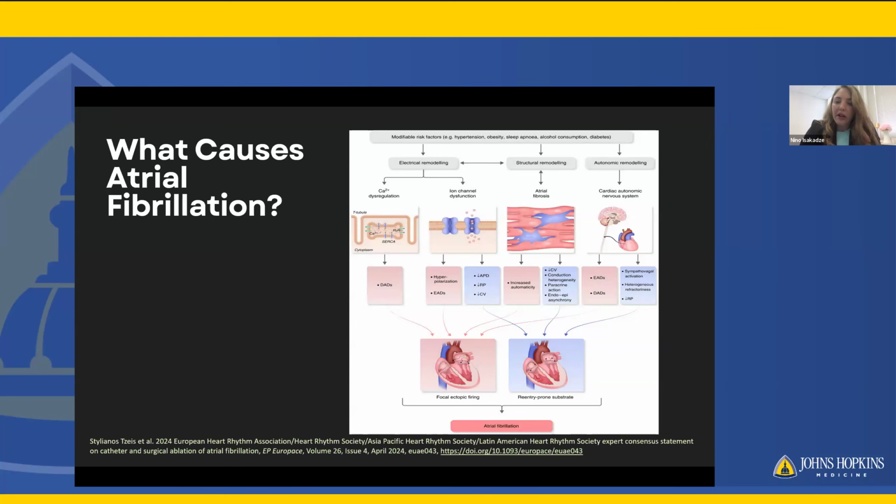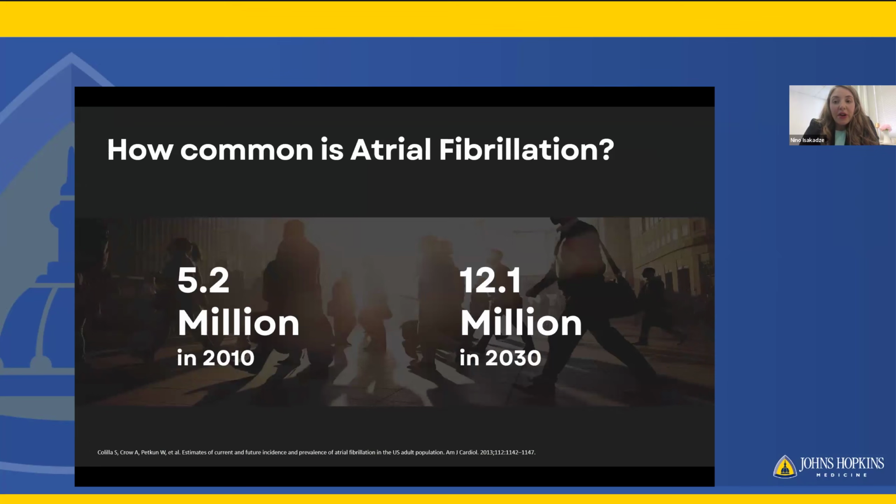I'm not going to go into the details of this busy slide, but again there are changes at the cellular level inside the heart, in the top left chamber, that make the heart susceptible to initiating and then propagating atrial fibrillation. It's very common.